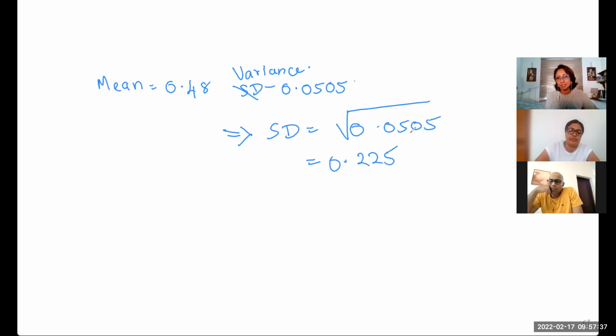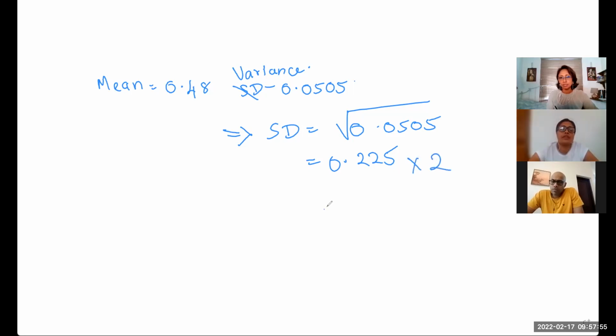Is that correct? For 3 decimal places, can we agree 0.225? The square root of 0.0505? So standard deviation is that.